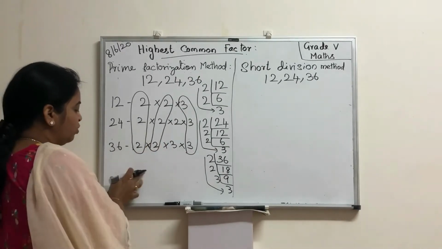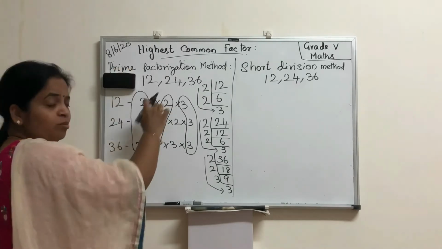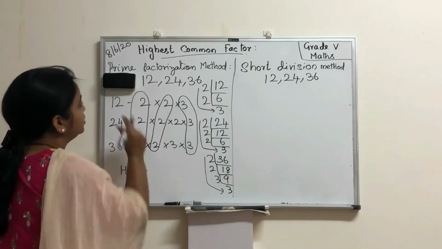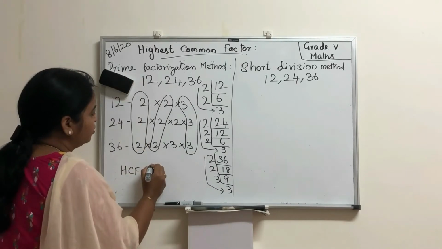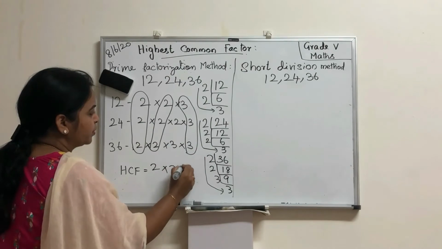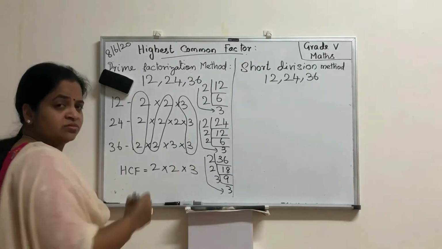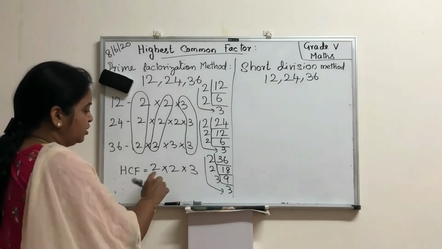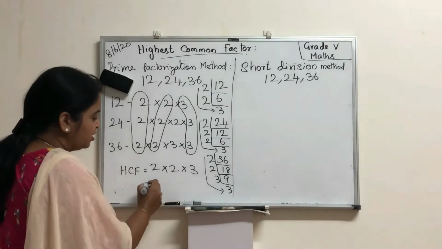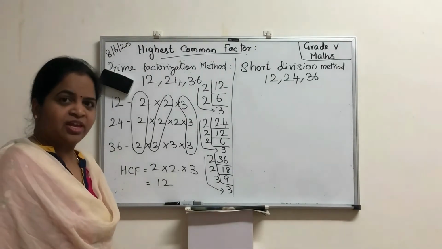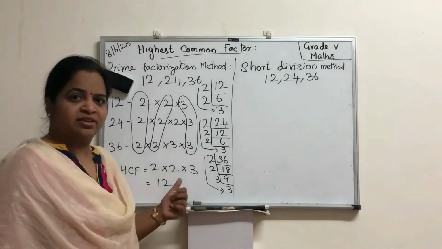We are going to take only common factors. So HCF of these numbers equals 2 into 2 into 3. 2 twos are 4, 4 threes are 12.